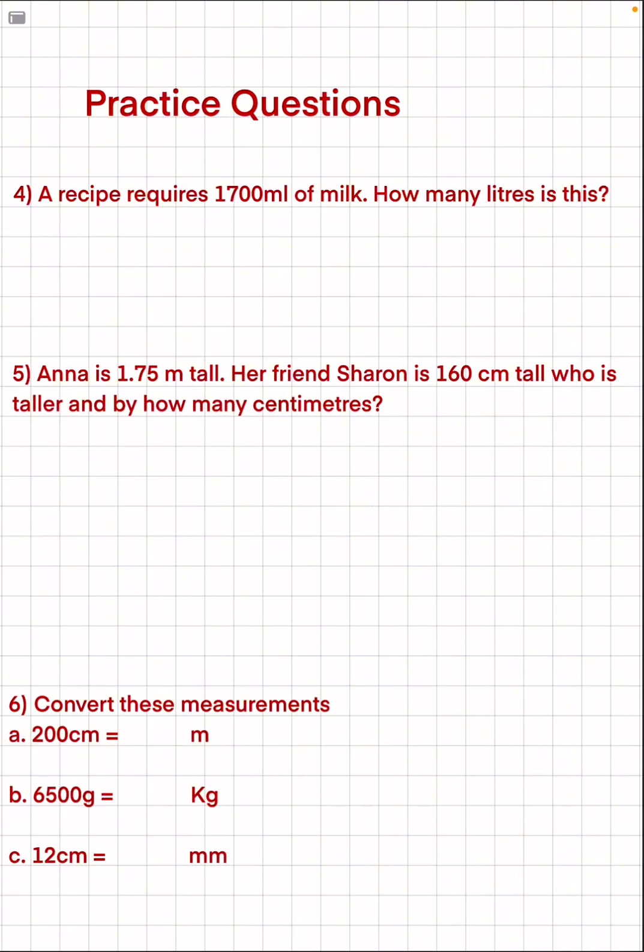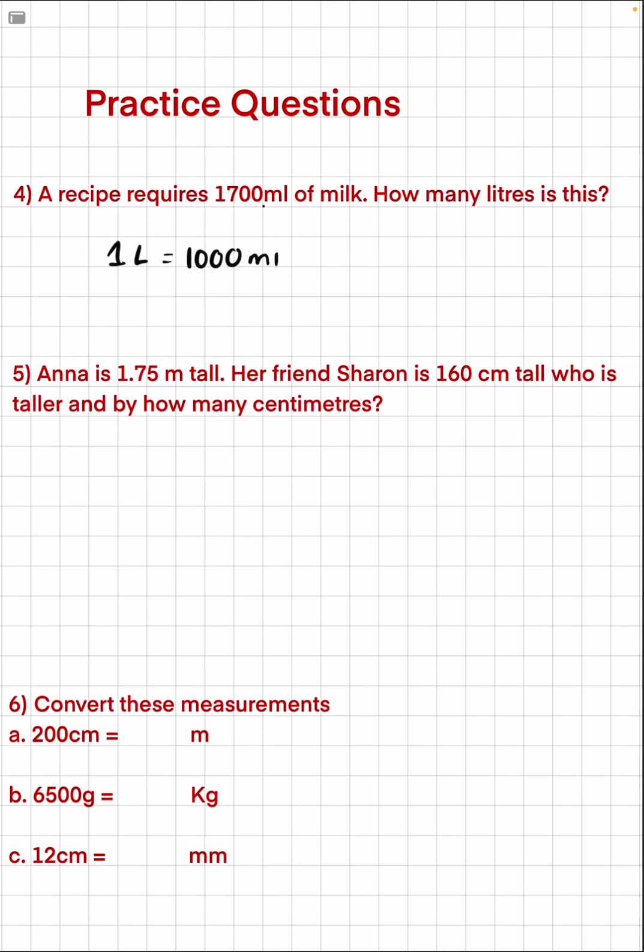Here are some more practice questions for you to try. Press pause and have a go at them. And when you're ready for the answers, press play. The first question says a recipe requires 1,700 milliliters of milk. How many liters is this? We know 1 liter equals 1,000 milliliters.